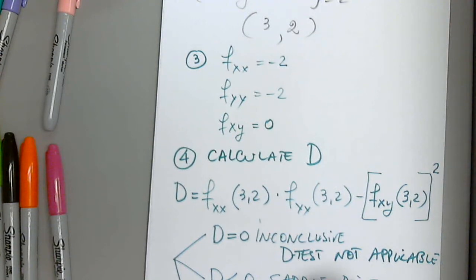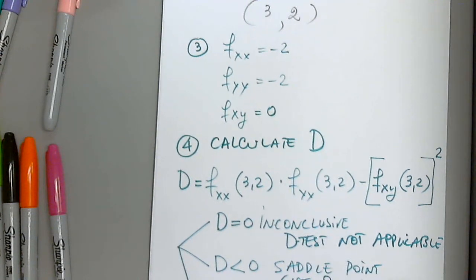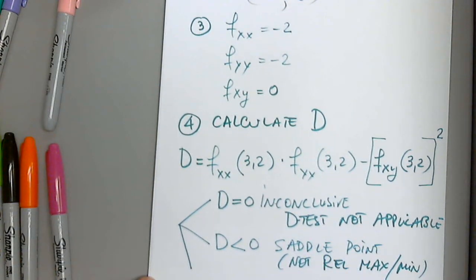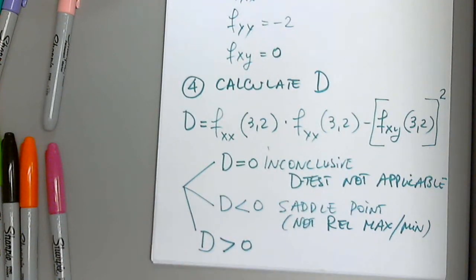Meaning not relative max and not relative min. The only situation in which we are interested in is when D is positive. And there are two options.